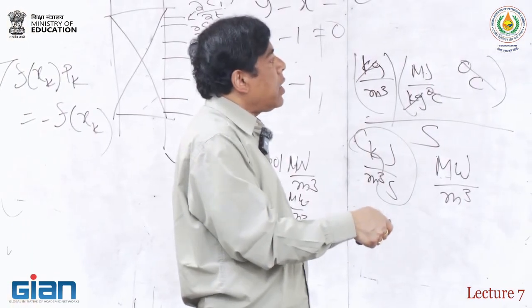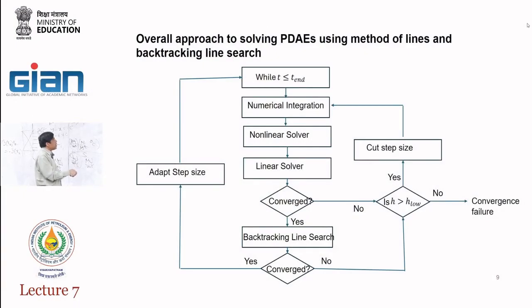Once it is done, the first thing is, if the linear solver cannot converge. Remember I was telling you yesterday that the linear solver may not converge, like when it is doing an LU factorization, or an LDU factorization, or another common method, the Cholesky factorization, or QR factorization.